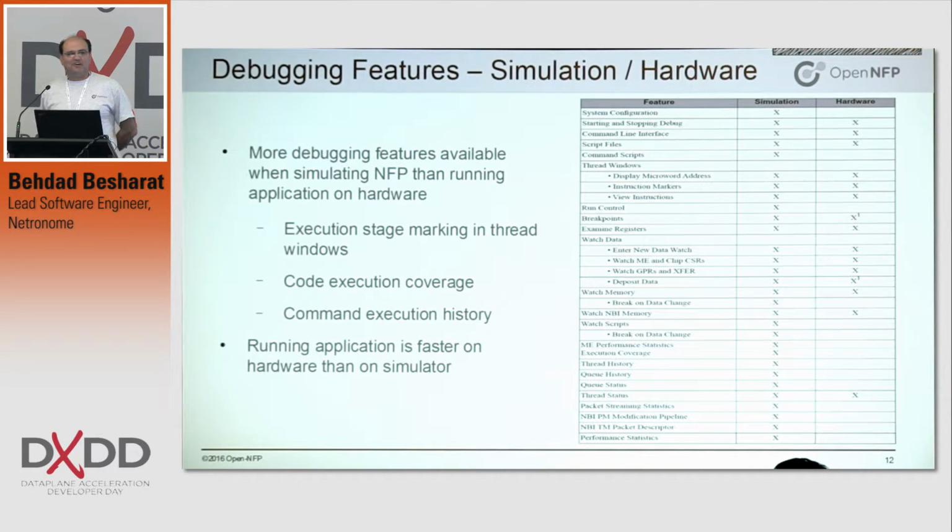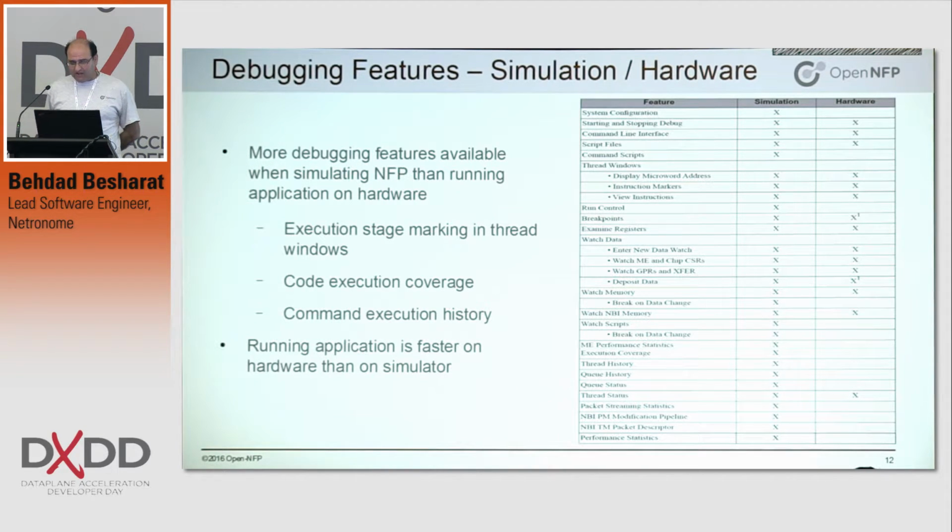But in general, it saves you time in debugging and tuning your application, performance-wise, memory size-wise, and so on. So in the end, the time you spend on the simulator pays off compared to running on the hardware for the first time, because debugging on hardware is not easy. Although we provide a lot of features that facilitate debugging on the hardware, debugging and tuning an application on the simulator is always easier.